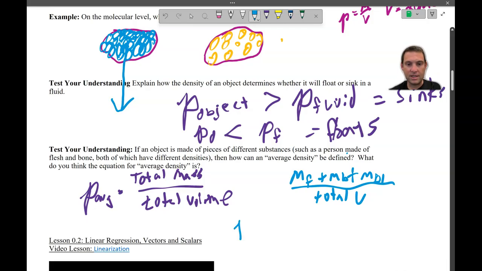Remember that density equals mass over volume. So if I multiply each side by volume, that tells me mass equals density times volume. I could make this substitution up here.